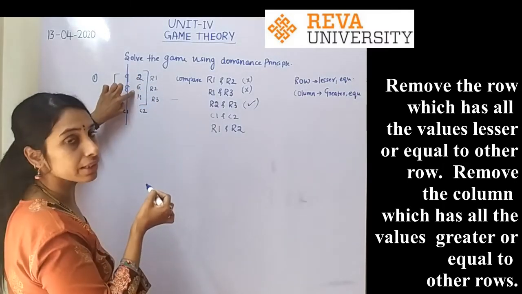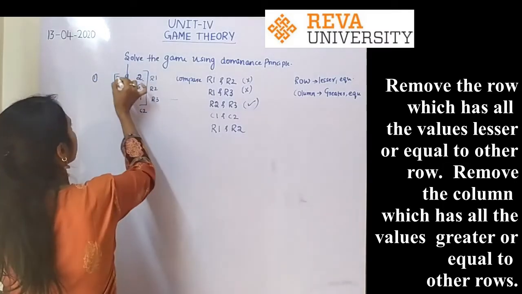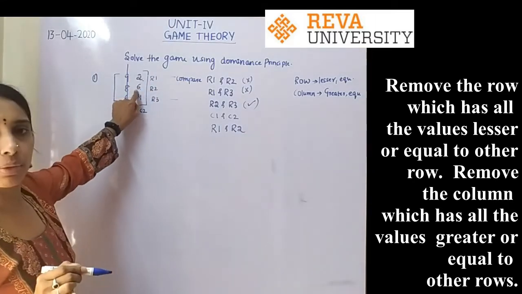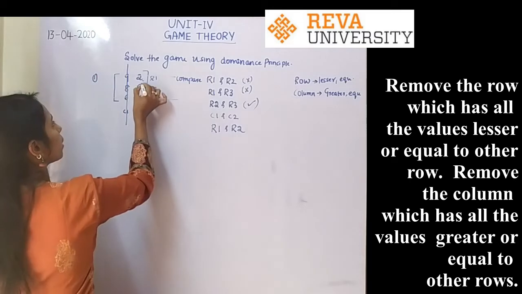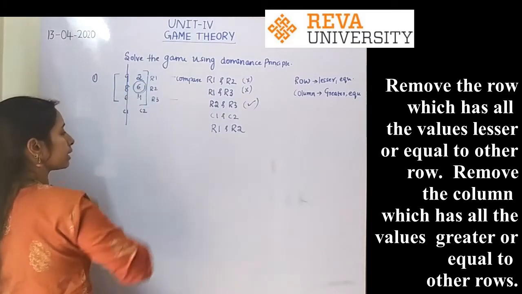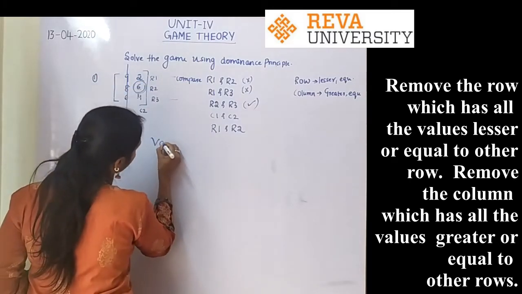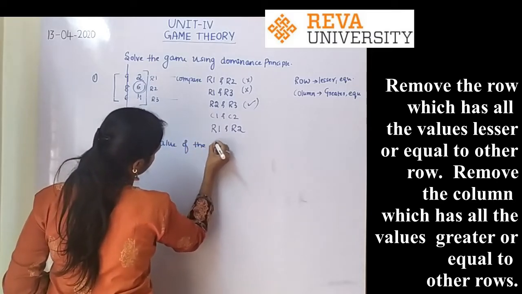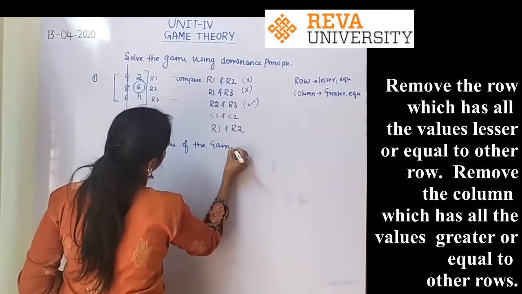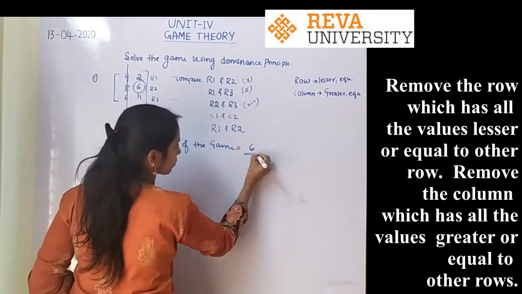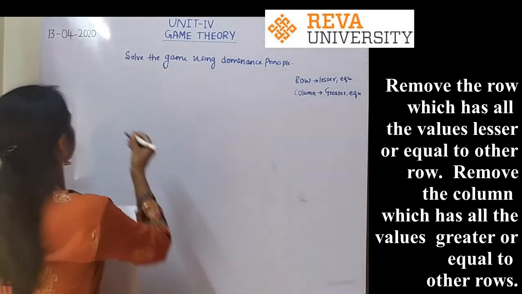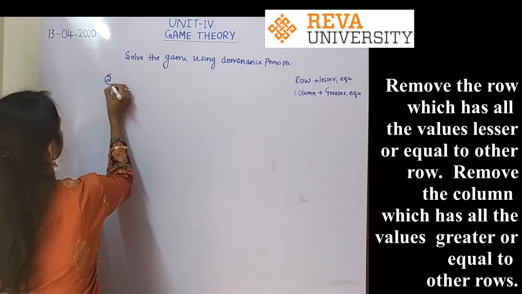Since it is lesser, this value gets ruled out. Now, what is the remaining value? The remaining value here is 6. So the value of the game is equal to 6. Let us solve one more problem. Second one.